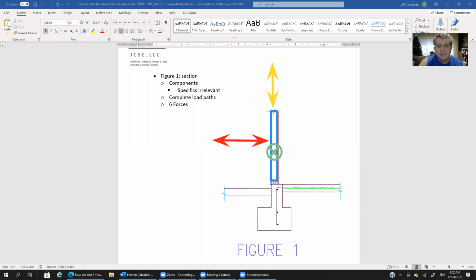Then we have M sub x. So M sub x, yikes, how do we do that? Well, let me use a different color for that. So M sub x would be a moment about this direction.